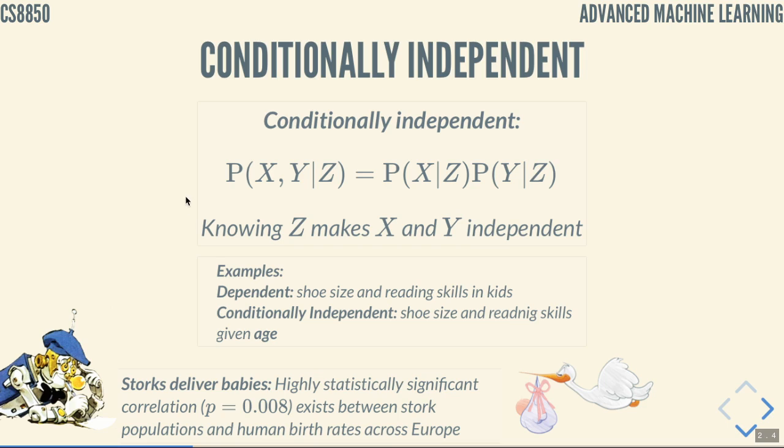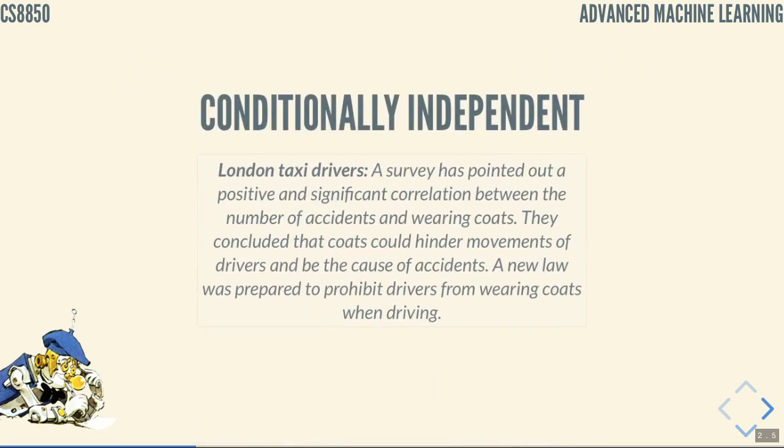Another example of conditionally independent events: London taxi drivers. A survey pointed out a positive and significant correlation between the number of accidents and wearing coats. They concluded that coats could hinder the movements of drivers and be the cause of accidents.